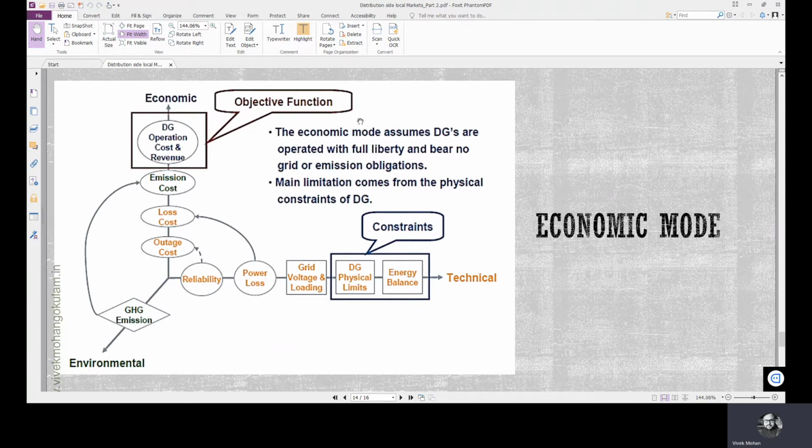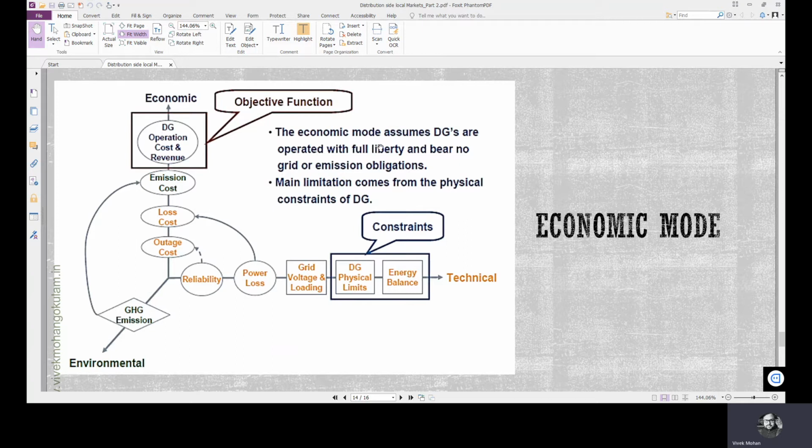And we can include reactive power also if there is a reactive power pricing model in the settlement process. But it depends. So basically the main objective is economic objective, that is maximization of profit.